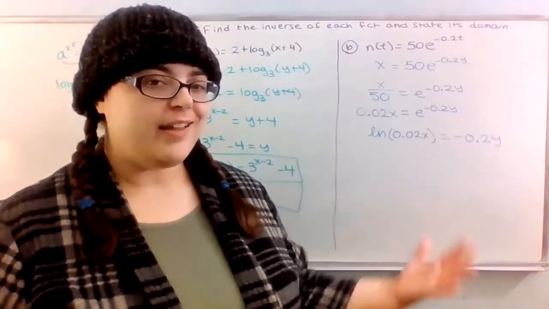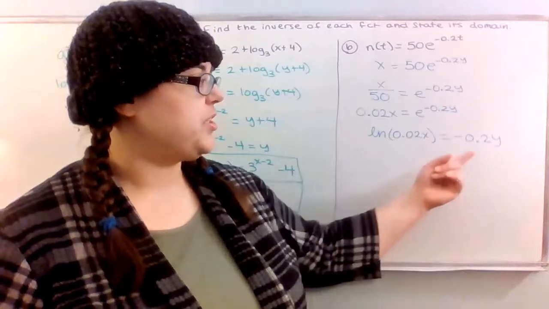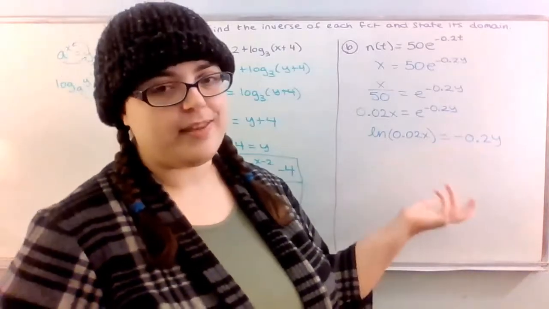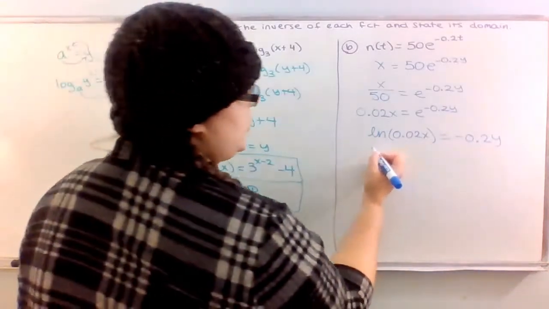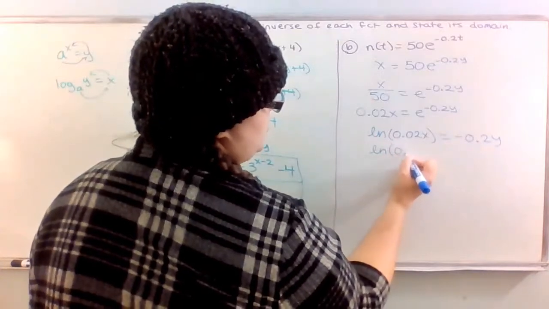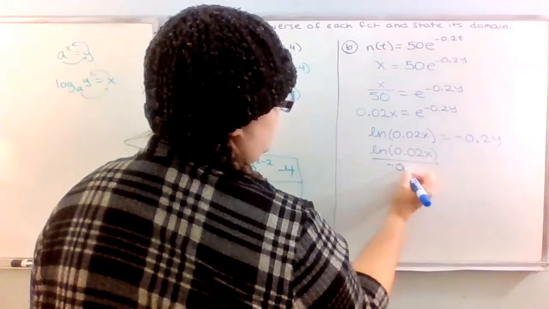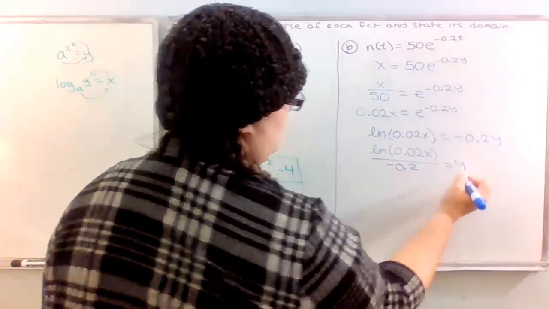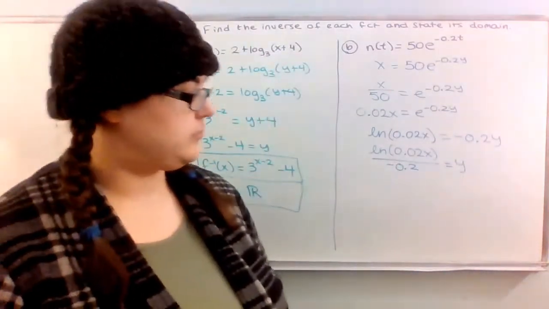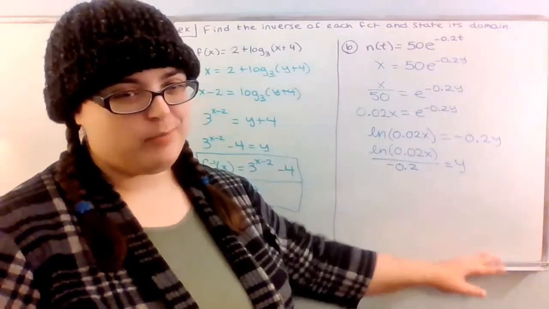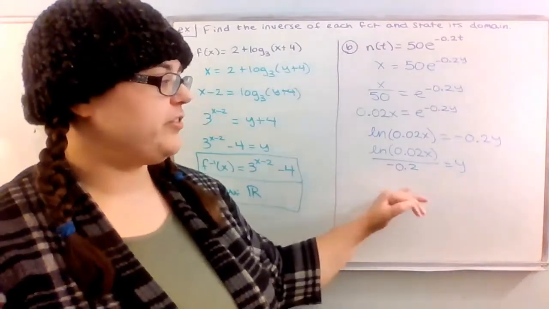All right, and now to finish this up, we're just going to divide both sides by negative 0.2, and that will give us y. So we have the natural log of 0.02x over negative 0.2 equals y. And I'm going to leave it like that. I'm not going to get super fancy with simplifying this.